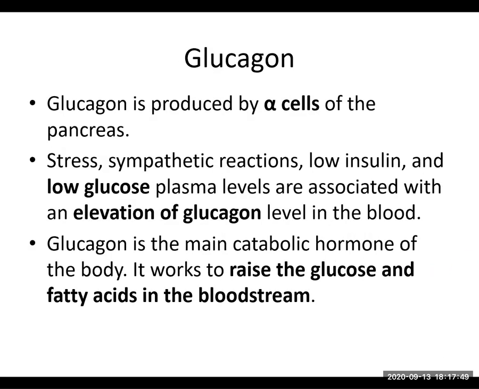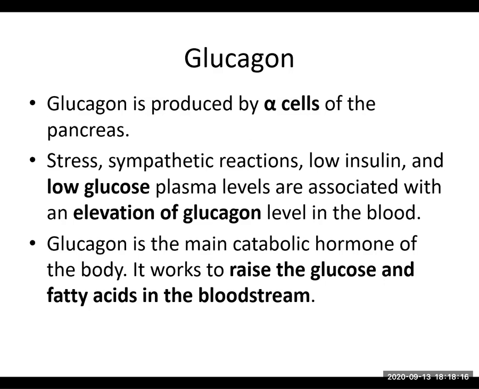Because glucagon counteracts insulin. Glucagon is released from the alpha cells, and instead of moving the glucose into the cell, glucagon does the opposite. It works to increase the glucose in the blood.